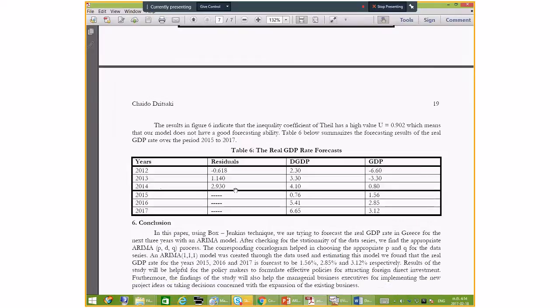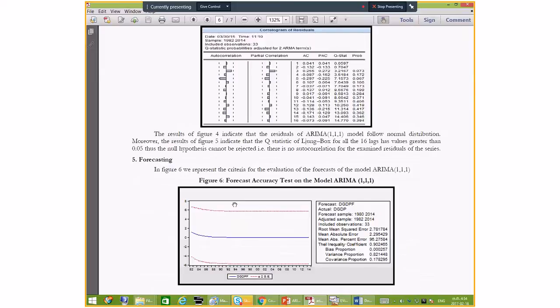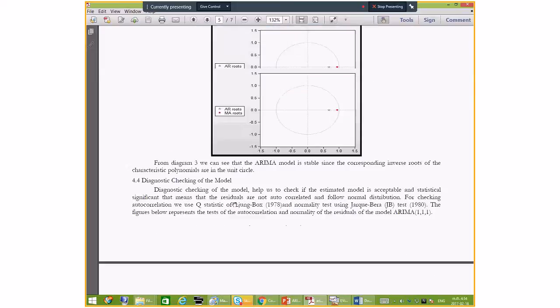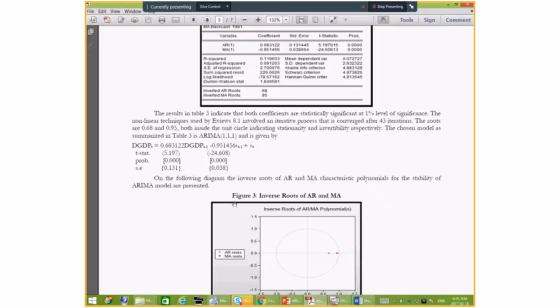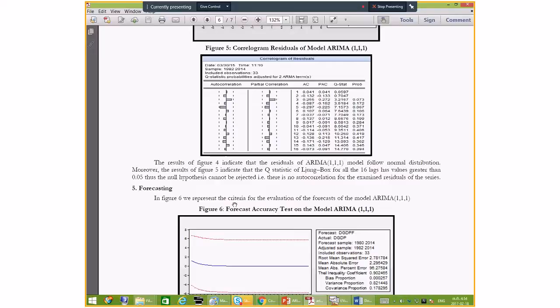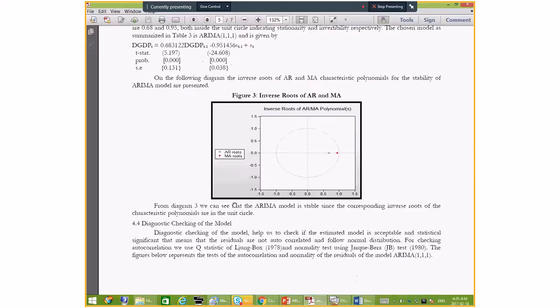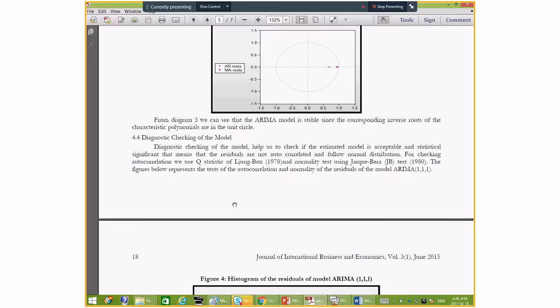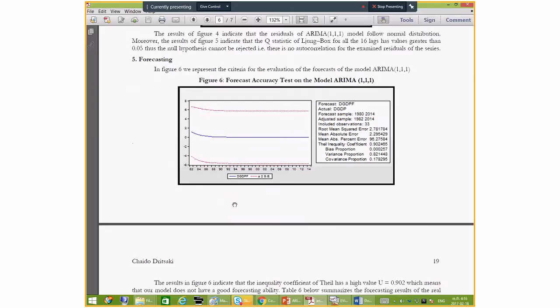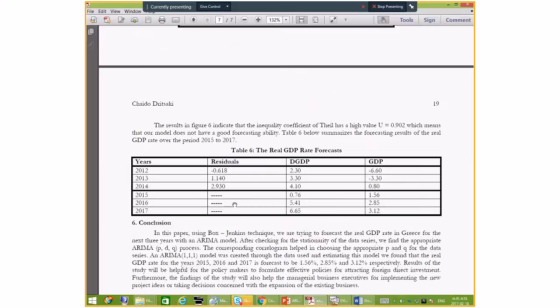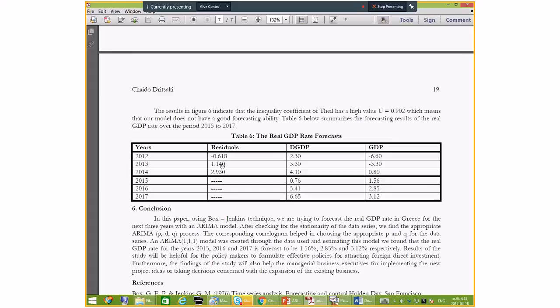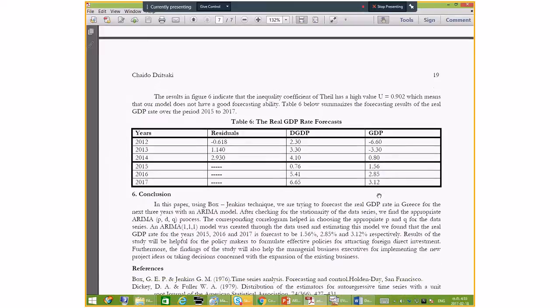Then the residuals, model 618, and 2013 and 14, then the first difference series and the normal values for forecasting for 15, 16 and 17.